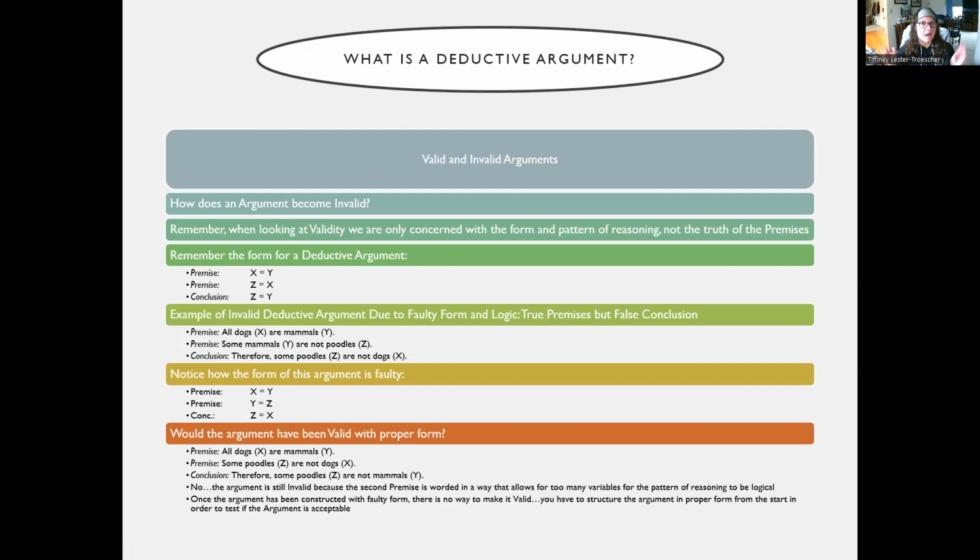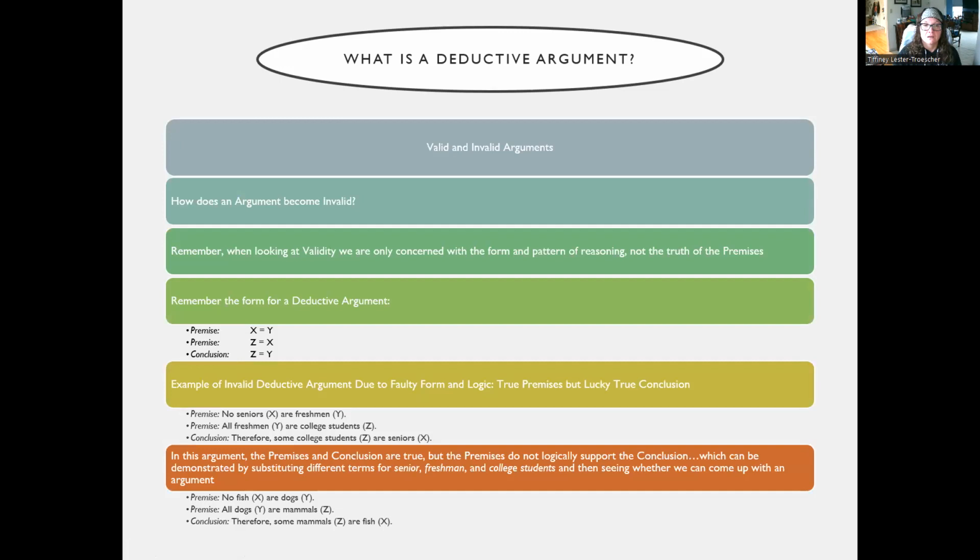But no, it's not math. It's logic and reasoning. And because we switched the order of our terms in the second premise, it causes the whole argument to fall apart, right? Okay.